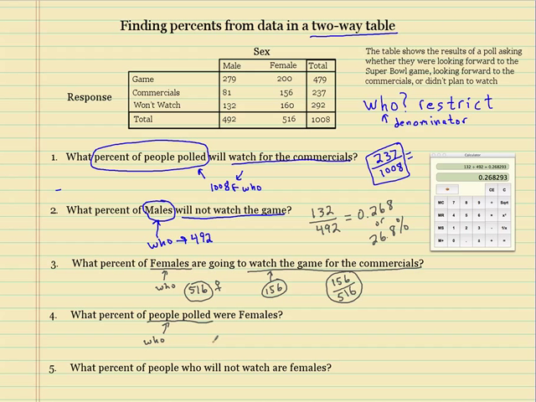People polled: we know that there are 1,008 people polled. And how many females were there? There were 516. So out of all these people polled, our sample of 1,008 people, 516.